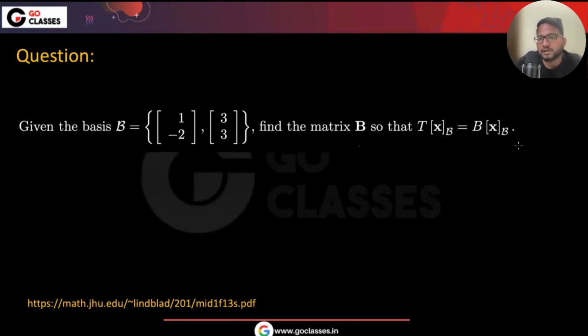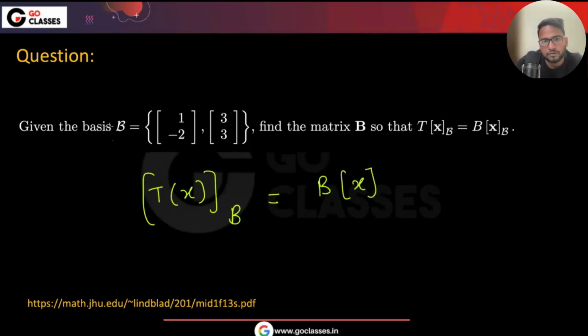So the transformation of X with respect to B is the same as B into, let's suppose this is M. Otherwise, this beta and B is actually confusing.